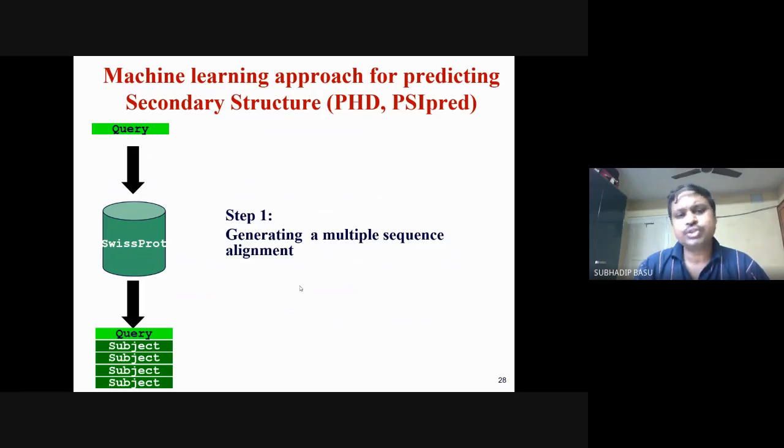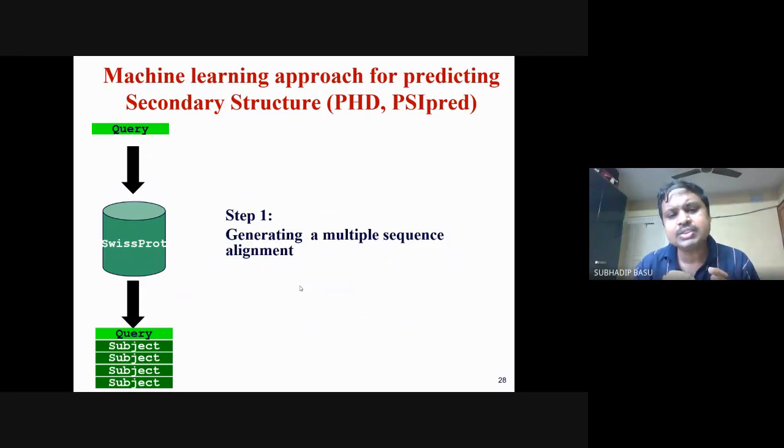They use different types of machine learning approaches. So what is the basic approach of those types of algorithms? We have a big database, and the first step is that you have a query sequence. You have sequence information available for which you do not know the structure, and you want to predict the secondary structure of the query protein.